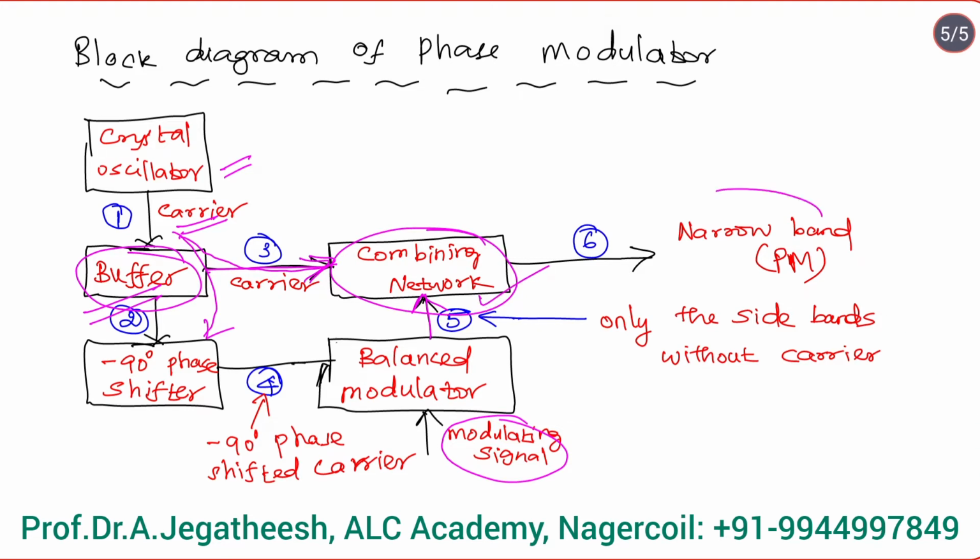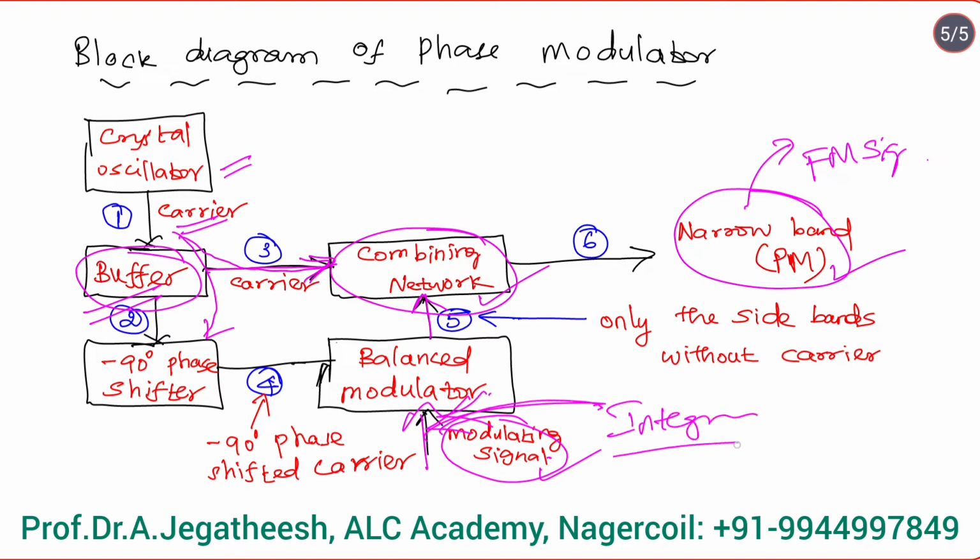Now the output will be the narrow band PM signal because I am directly applying the modulating signal to the balanced modulator. If you need an FM signal here, then you should use an integrator before the balanced modulator, to get the narrow band FM signal.